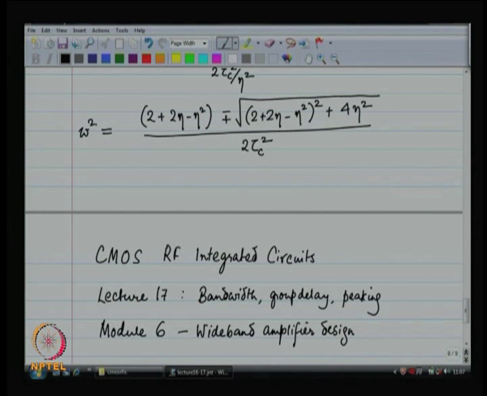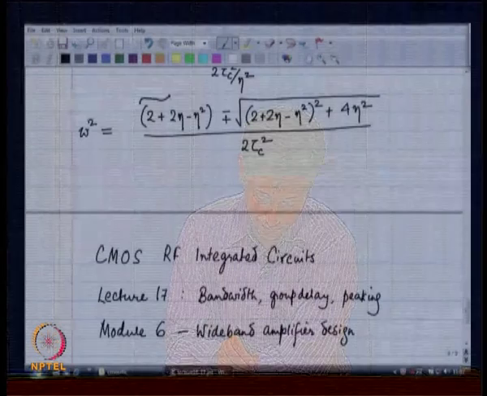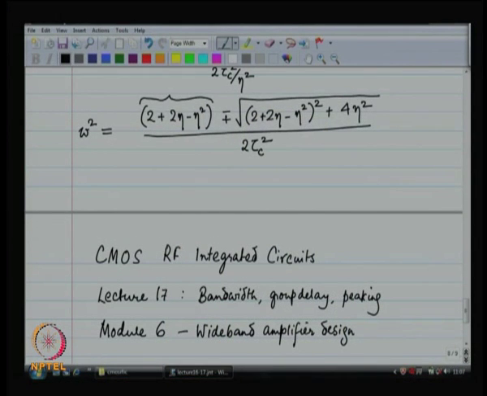Now, omega squared has got to be a positive quantity. The two roots are both real numbers, thankfully, but the second term is more than the first term, since it is x squared plus something, under the root, the whole thing.